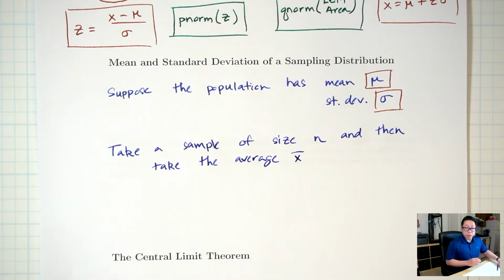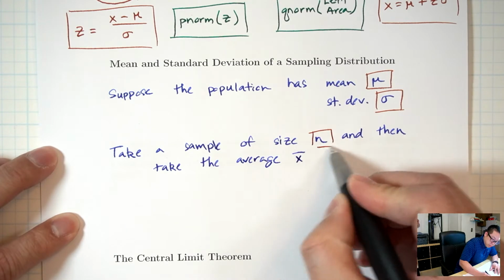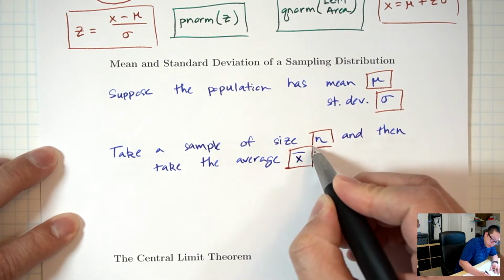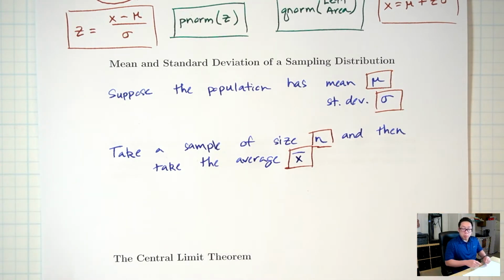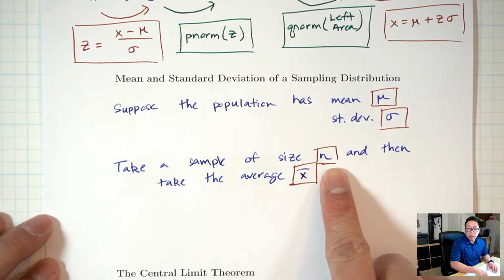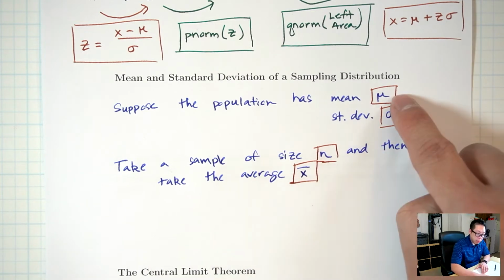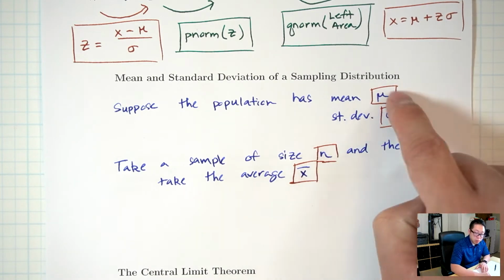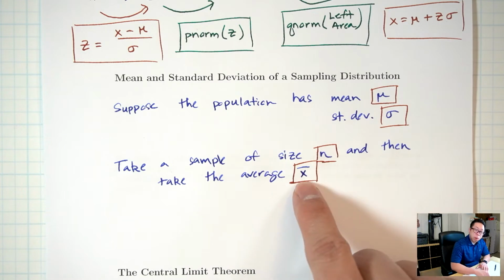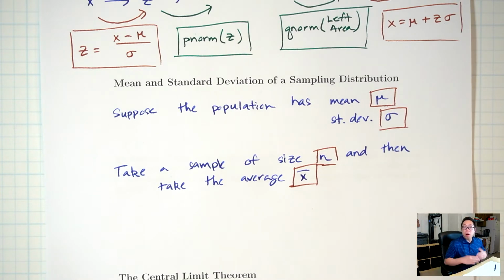And the average is x bar. So in our example here, pretend I'm taking a sample of 30 college students, and then I'll find their average age. Now, these two symbols, x bar and mu, they both stand for average, they both stand for mean. X bar is the average of just those 30 students in my sample. Mu is the average of all college students.